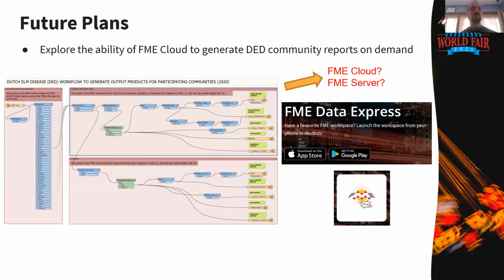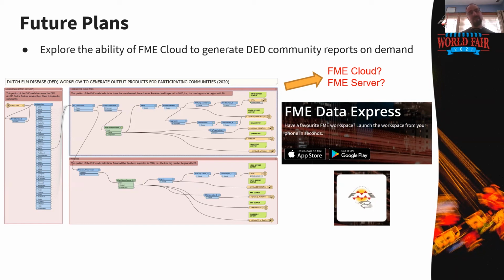Unfortunately, they need to be removed. That's the best treatment for Dutch elm disease. So we provide each community with packets, zip files of information that identifies where these trees are and other attributes associated with them.